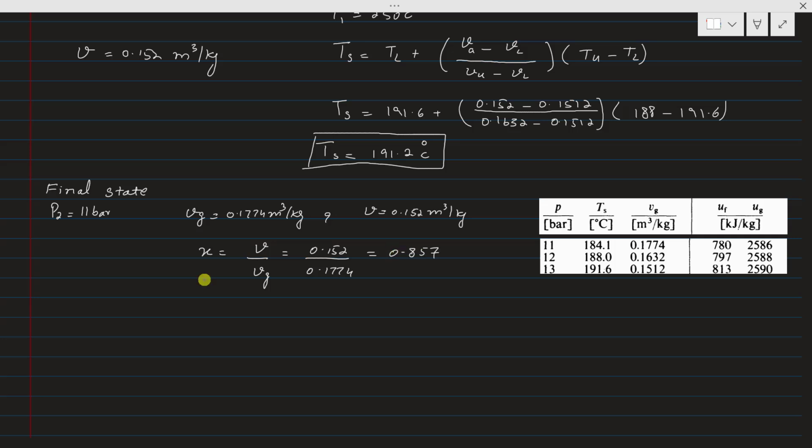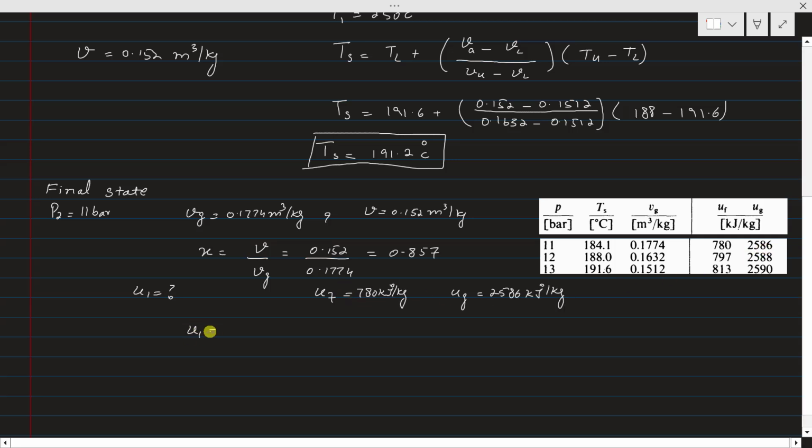Next we need to find the specific internal energy at the final state. For that, we take some values from the saturated steam table. That is UF at 11 bar, it is 780, and UG value, that is 2586 kilojoule per kg.